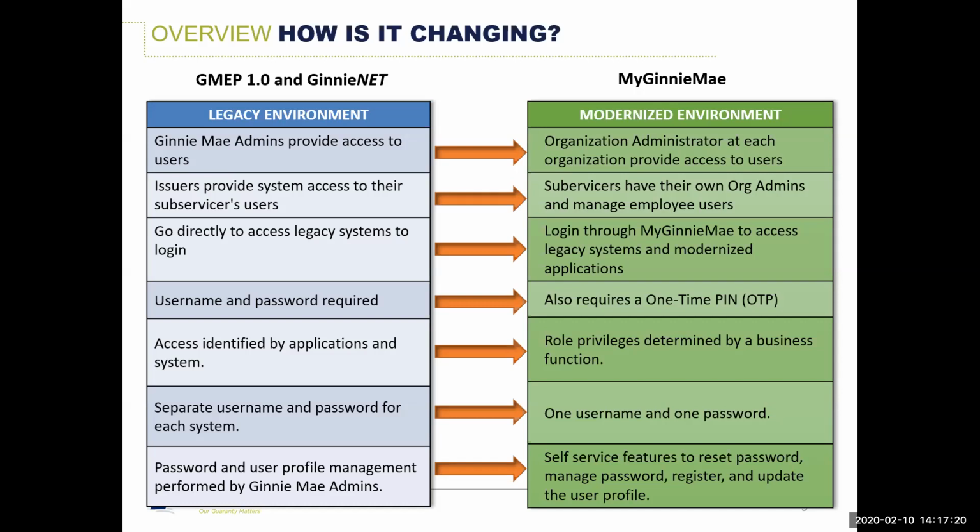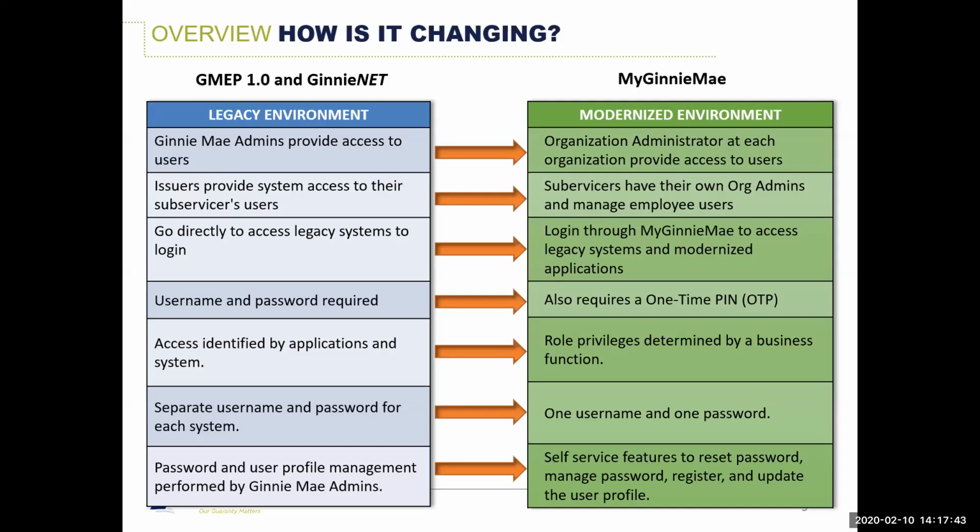In our legacy environment, you could go directly to those legacy systems to log in. In MyGinnieMae, you actually go through the front door of MyGinnieMae to access the different rooms which house those legacy systems in order to access GMAP 1.0 and GinnieNet. So again, those systems don't go away, you just access them a little bit differently.